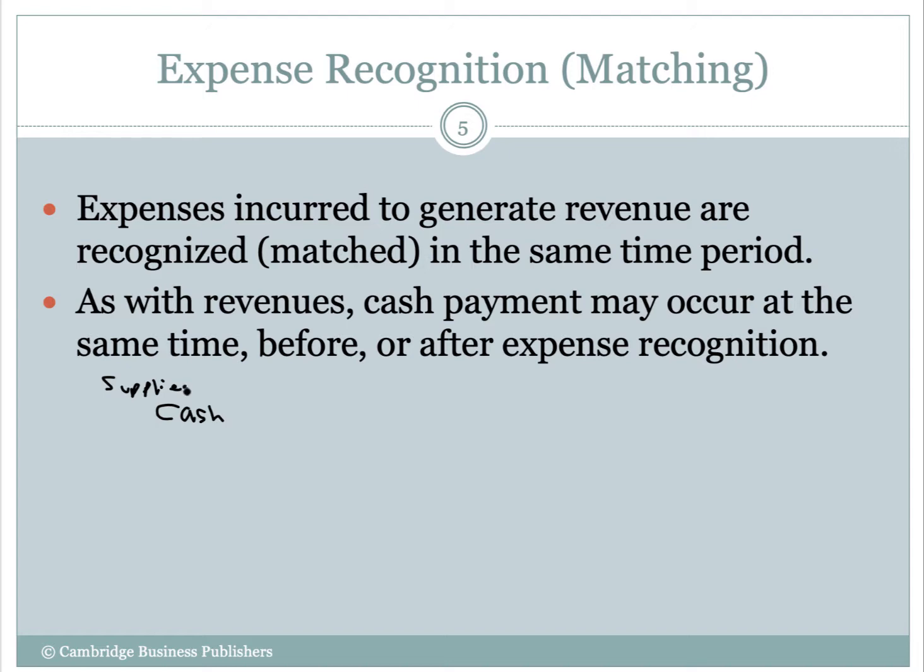Okay, this is where we're going to recognize at the same time. Supplies expense. So we pay cash of $100 for our supplies, we're going to recognize that expense, okay?